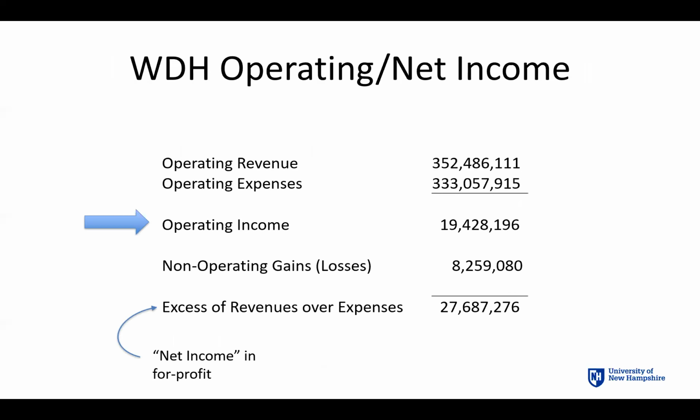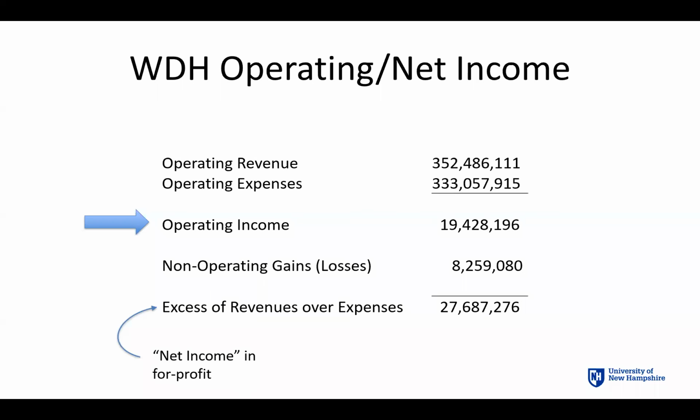Operating revenue is revenue coming in from the core business. Operating expenses are expenses associated with providing the services that generated the revenue from the line above. We subtract operating expenses from operating revenue to get operating income. That's important to remember.